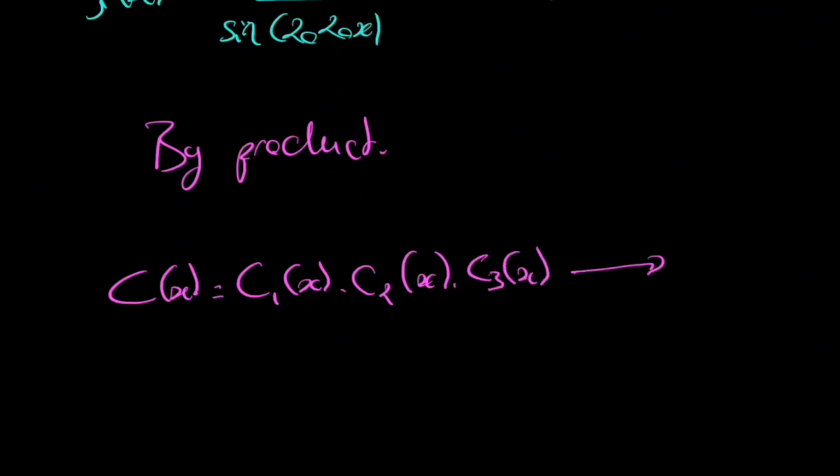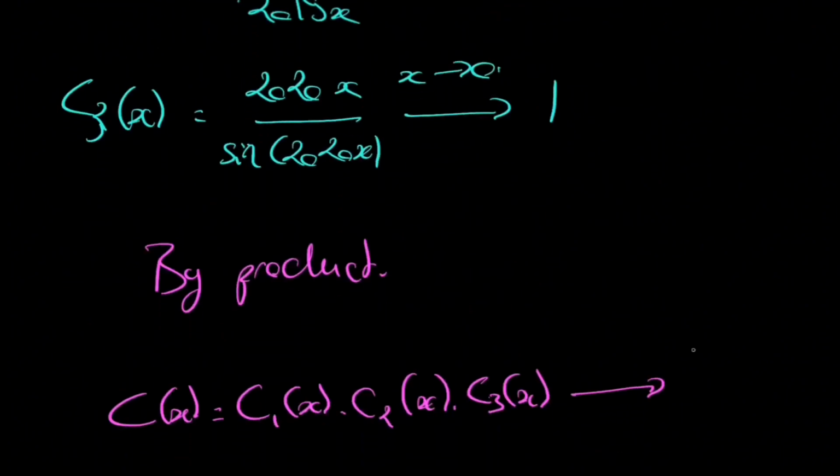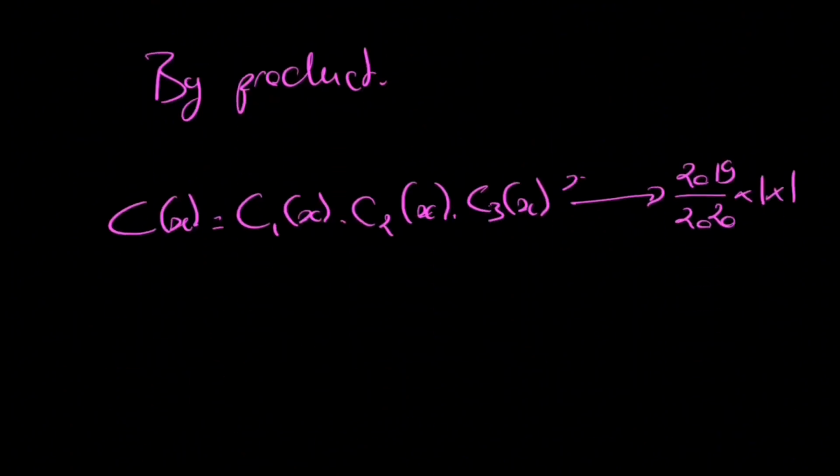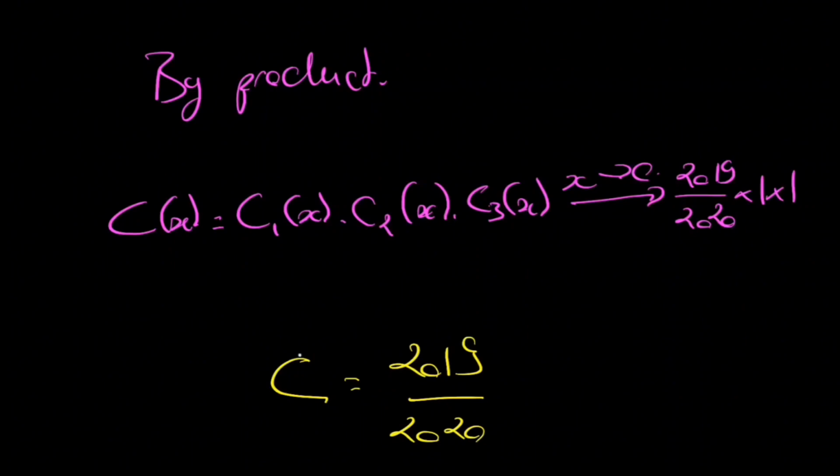That will go to, so we do the product of the limits, 2019 over 2020 times 1 times 1, so 2019 over 2020 when x tends to 0. And so c, the name of this limit, is equal to 2019 over 2020.